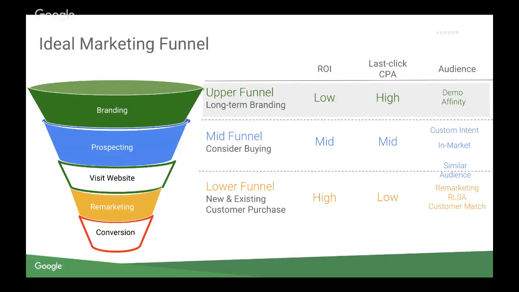And also, if our clients are collecting email addresses and phone numbers of their loyalty customers, they can use our customer match to be able to reach those loyal customers. So the lower funnel always incurs the lowest CPA and also has the highest ROI.